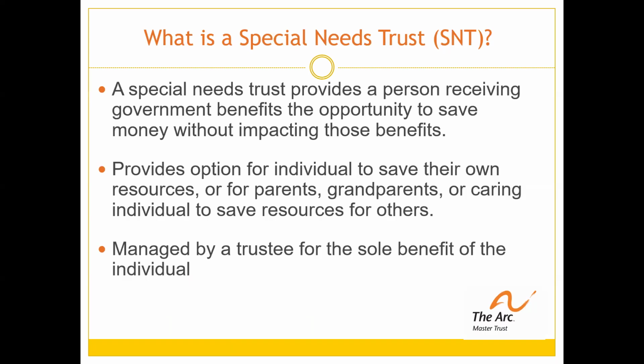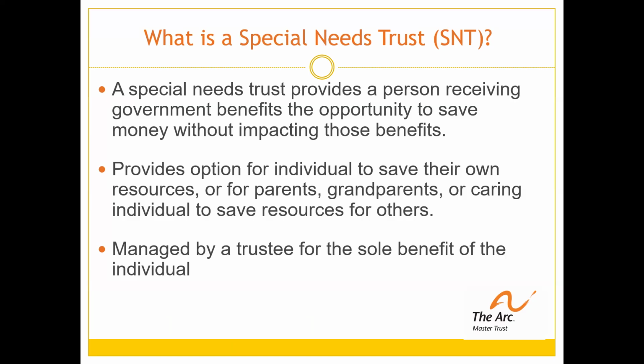For certain government benefits, there are resource limits or asset limits on the amount of financial assets a person can have and remain eligible for those benefits. A special needs trust is shielded, meaning that the funds that are in the special needs trust are not considered a financial asset when determining Medicaid, SSI, or other government benefit eligibility.